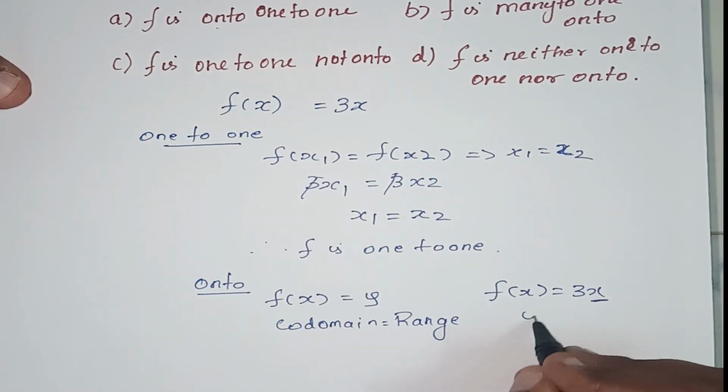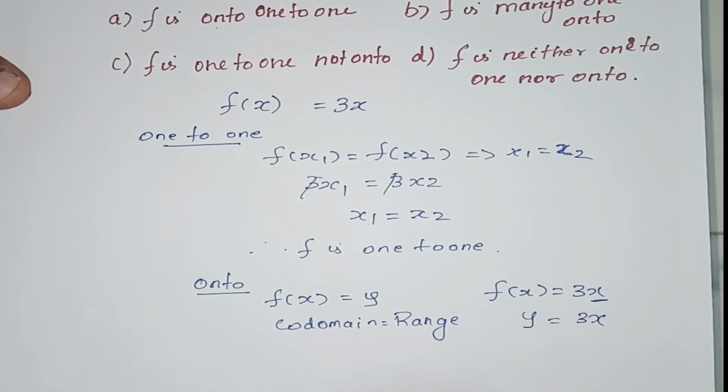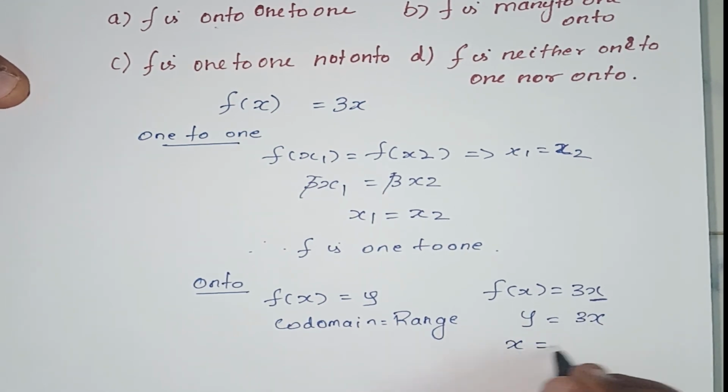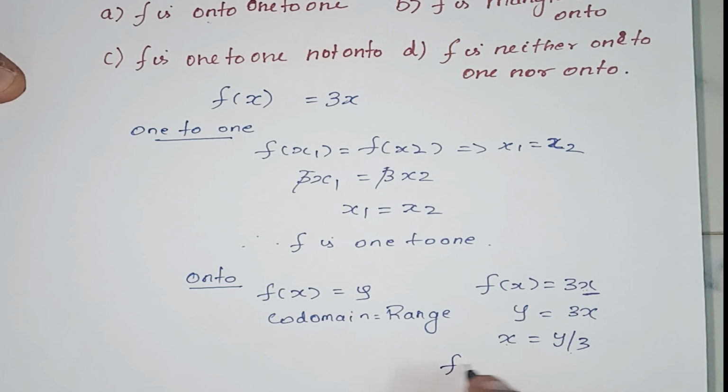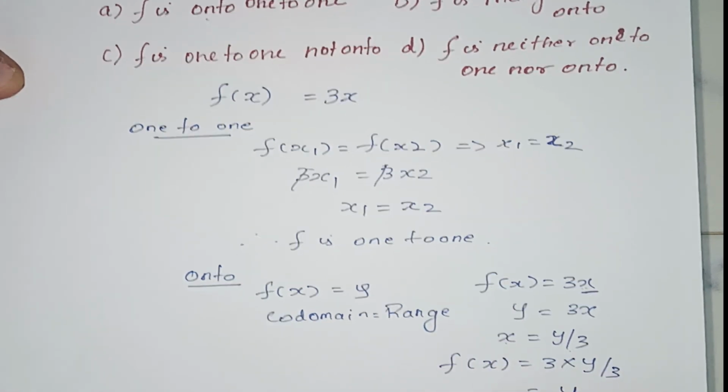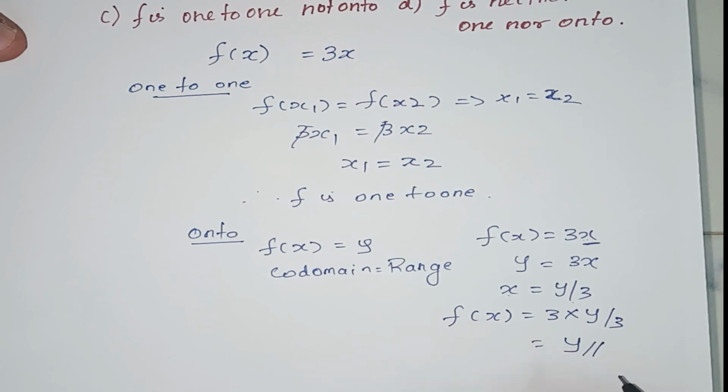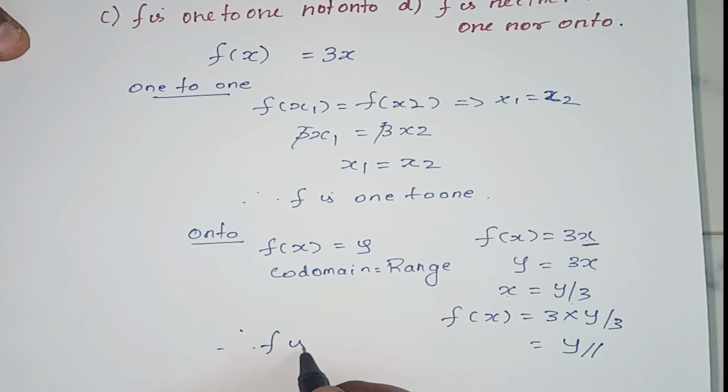So y is equal to 3x. By calculating the x value, x is equal to y by 3. By putting x is equal to y by 3 in this function, f of x is equal to 3 into y by 3, which is equal to y. So we proved f of x is equal to y. So this function is an onto function.